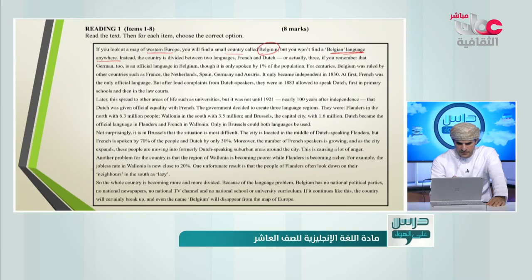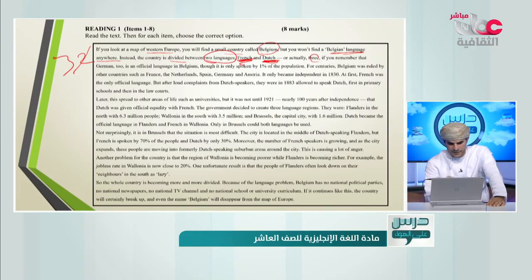Instead, the country is divided between two languages, okay, French and Dutch, two languages. Or actually three, oh, three, not two, three. If you remember that German is an official language in Belgium, so three official languages here.